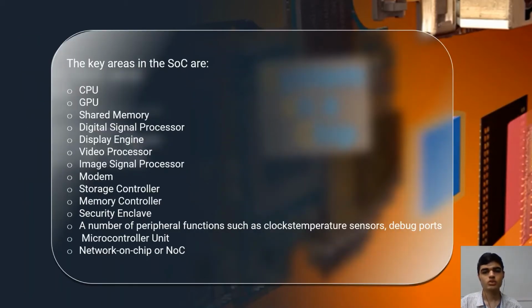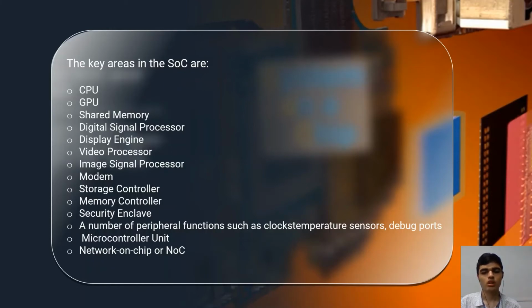The key areas of the SoC are the GPU, the CPU, the shared memory, which is around 4 to 8 megabytes, the digital signal processor, which interacts with the speaker, microphone, and other sensors, the display engine, the video processor, the image signal processor, the modem, the storage controller, the memory controller, the security enclaves, which execute the encryption and maintain the private key and the public key in a computer, and a number of peripheral functions such as the clock, temperature sensor, debug ports, and general purpose ports.